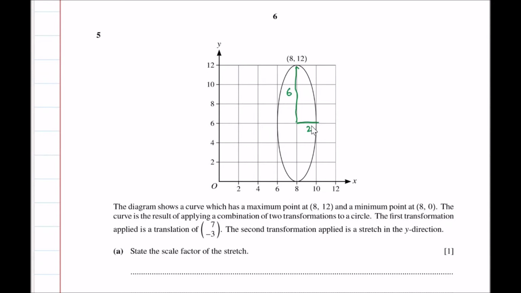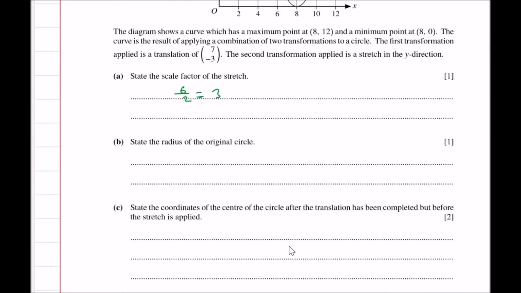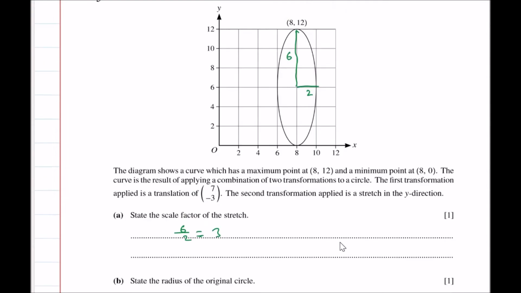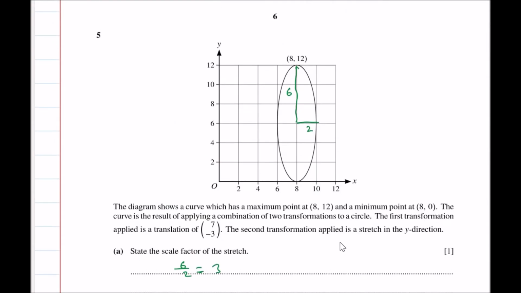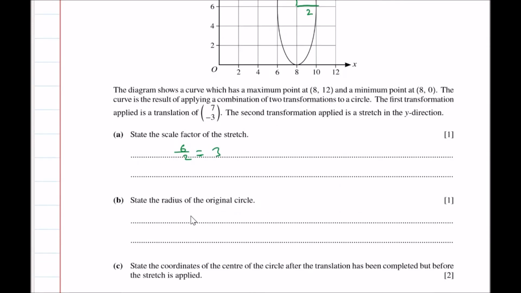So actually it was 2, but it is now 6. That means 6 divided by 2, that is giving us 3. Answer is 3. So stretch factor is 3. State the radius of the original circle. As we saw here, it is 2. So we'll write here 2.